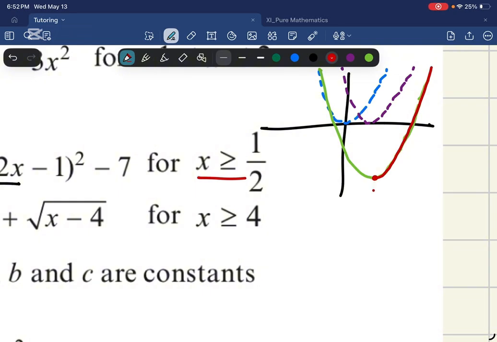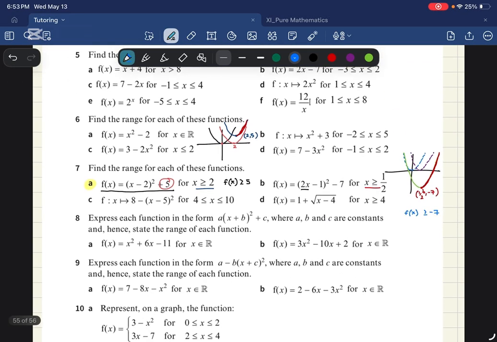So x is 1/2 is when y is equal to −7. That is the coordinate of my vertex, right? And if x is bigger, then it starts taking these values. So you can see that your output values are bigger than or equal to −7. That is going to be your answer to B.